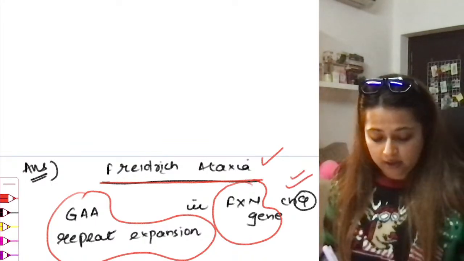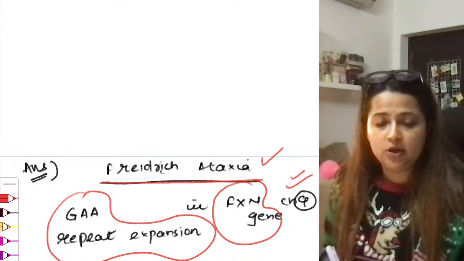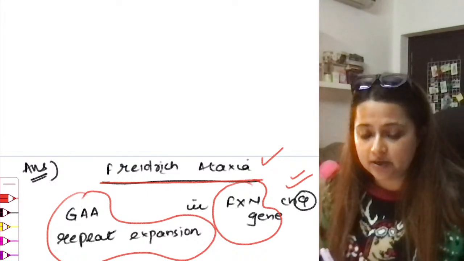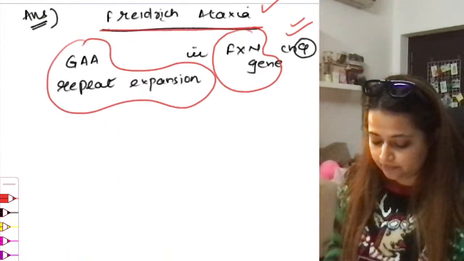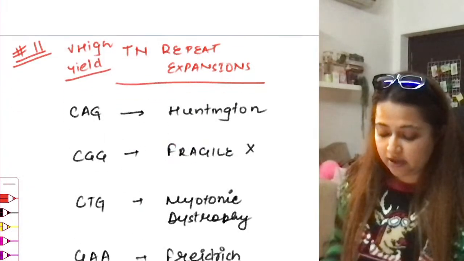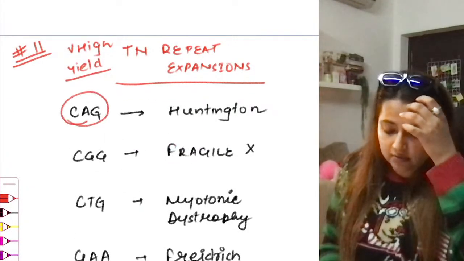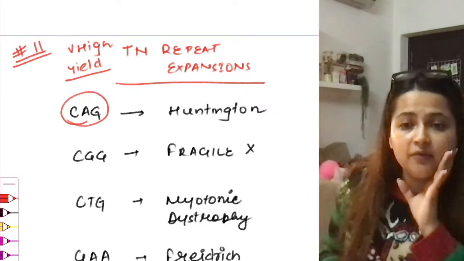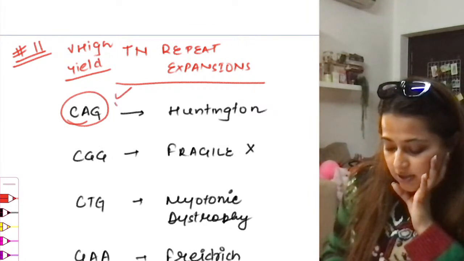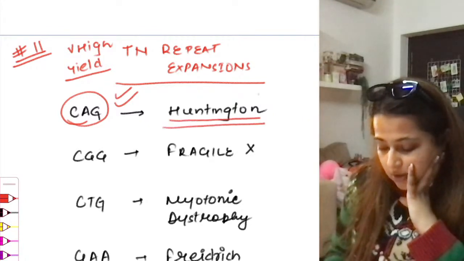Okay, here I need to integrate a table that should be on your tips. The trinucleotide repeat expansion conditions are very, very high yield. Know these, guys, very important, be it any exam. If the question is mentioning CAG repeats, your answer is going to be Huntington disease.